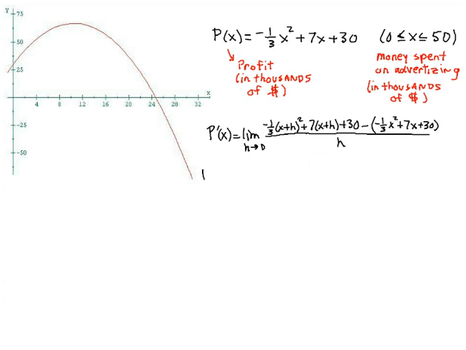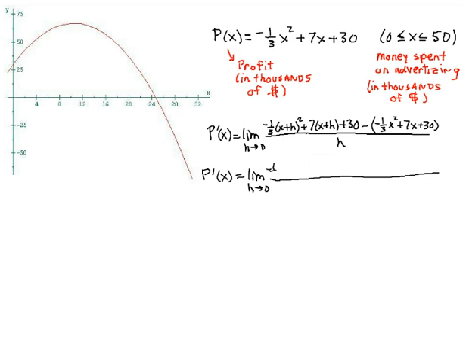So let's see now, p prime of x will be the limit. I'm going to go ahead and simplify that a little bit. The first term there, the minus 1/3 times the quantity x plus h squared. X plus h squared, that quantity is x squared plus 2xh plus h squared. And then I got to multiply the whole thing by a minus 1/3. So I'm going to do that at once.